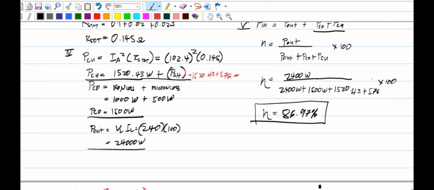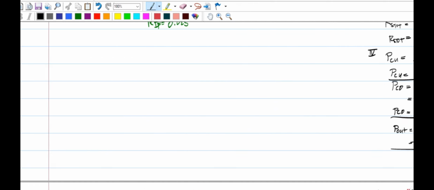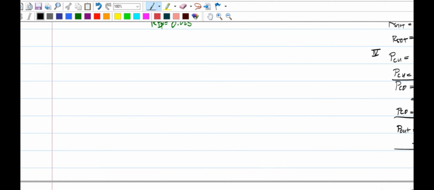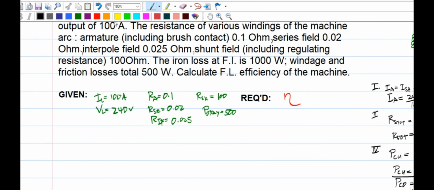Therefore, the efficiency of the generator is 86.97%.